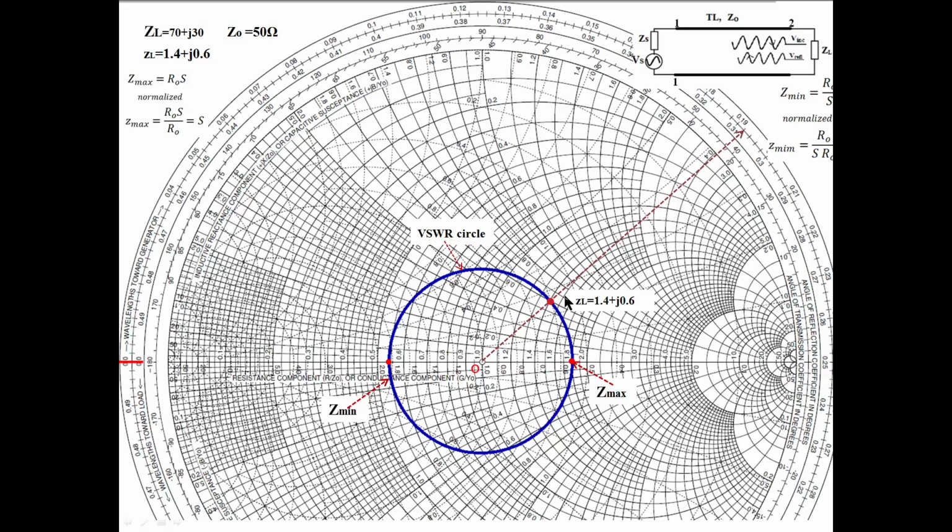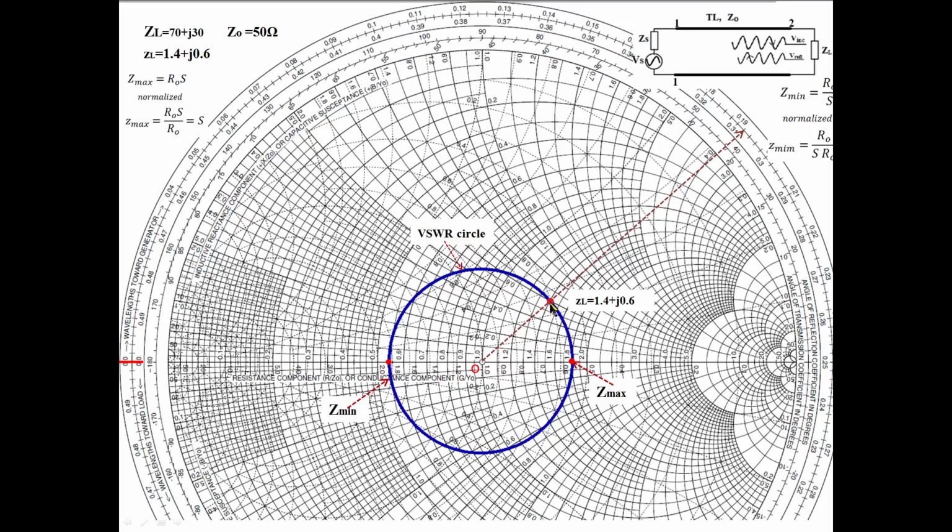Now if I move over the VSWR circle up to some point here, I can find on the Smith chart what distance I moved from the load to this point. Moving towards the generator, I stopped somewhere here.